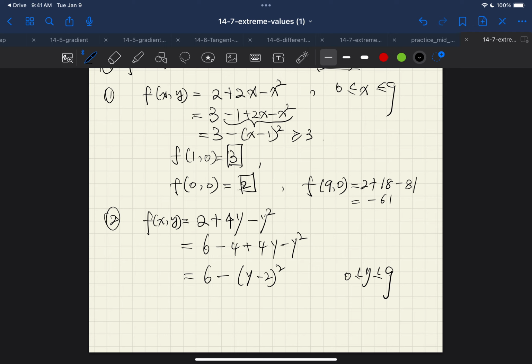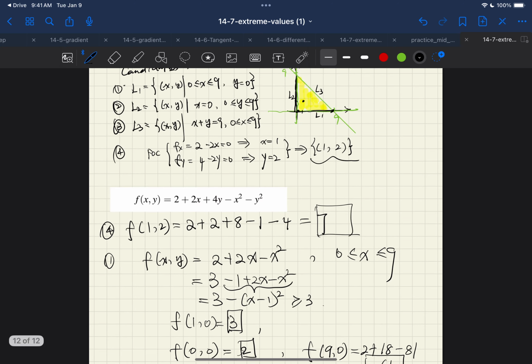So in that case, at y equals 2, this takes its maximum. So f(0, 2) is 6. This is one thing, but we also need the corners of L2.